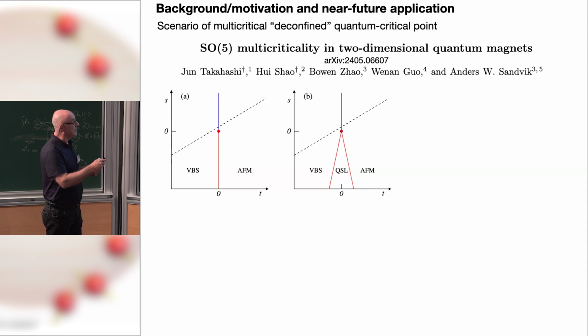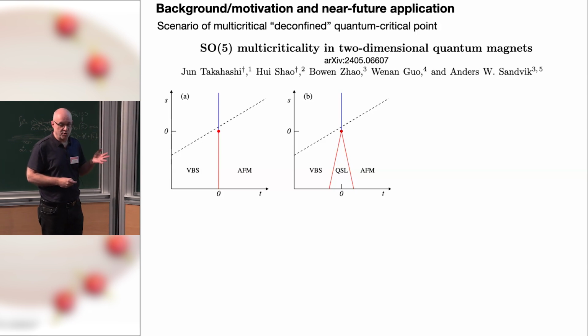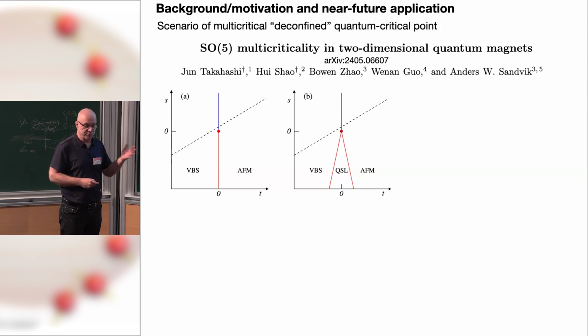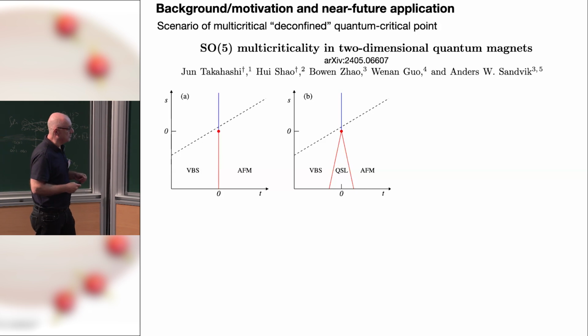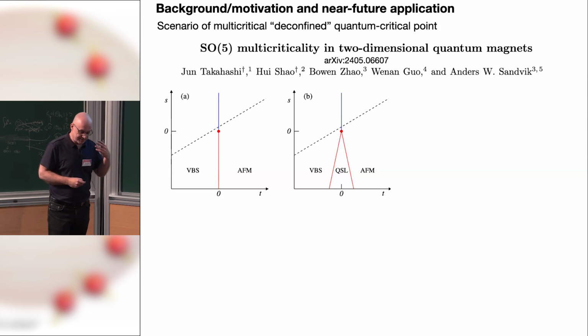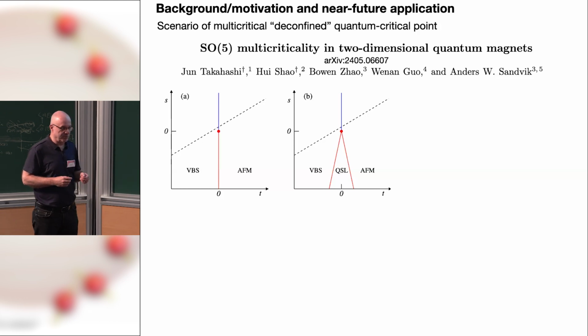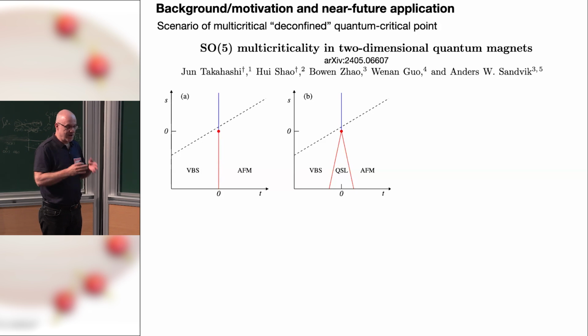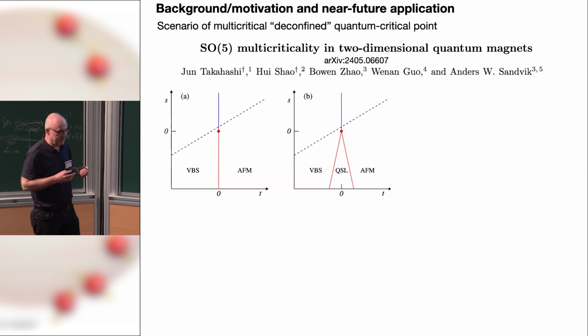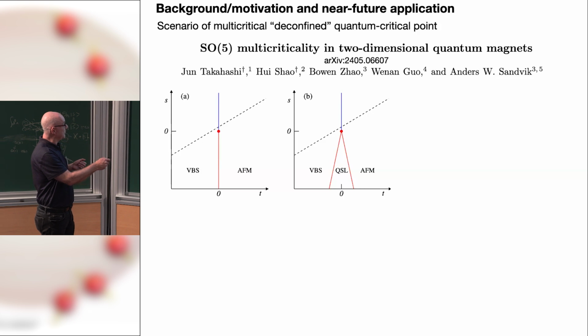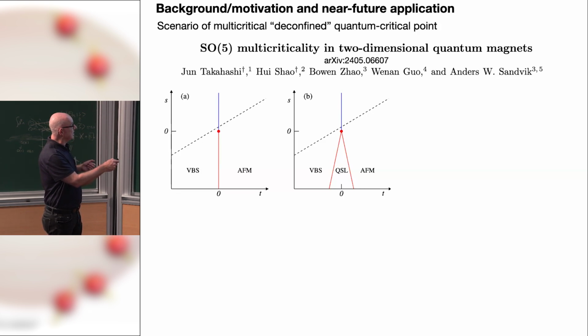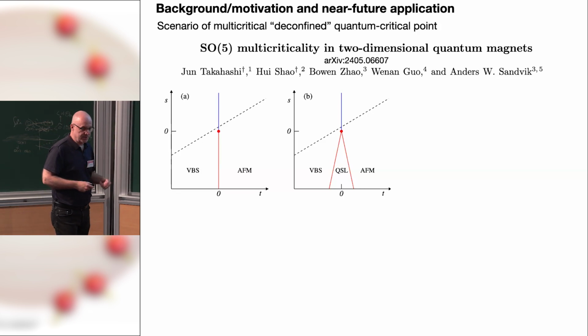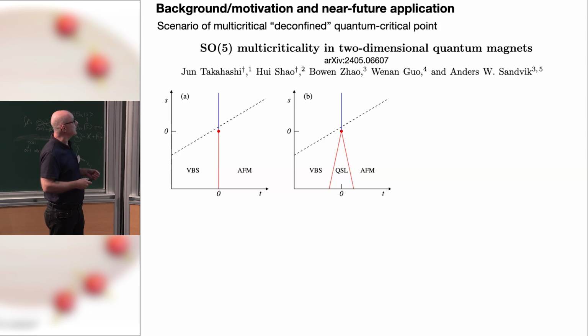So S would be the SO(5) symmetric operator that we just heard about, the newly discovered one within the fuzzy sphere, although it was actually known in the bootstrap before, if you just don't require there to be only one tuning parameter. So the previous tuning field was just T, which is the one that breaks the SO(5) symmetry.